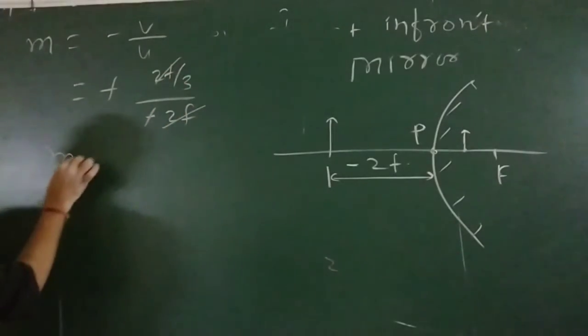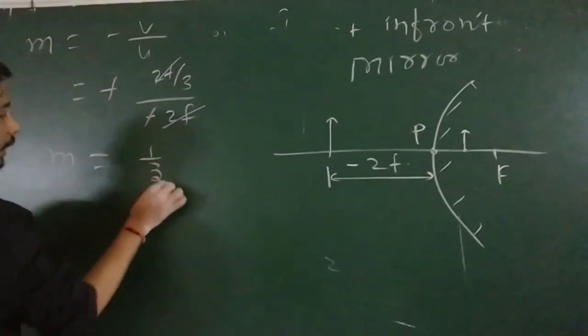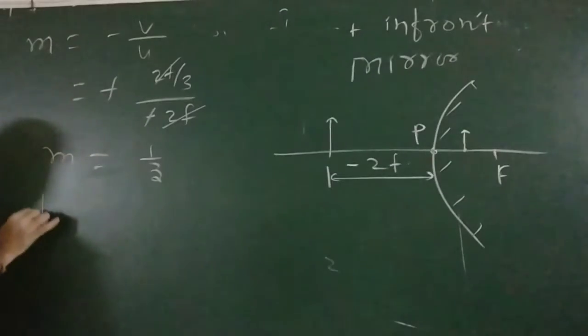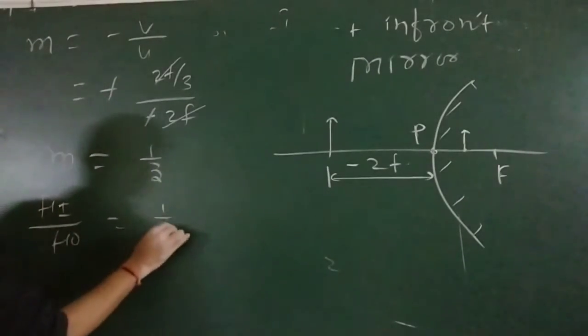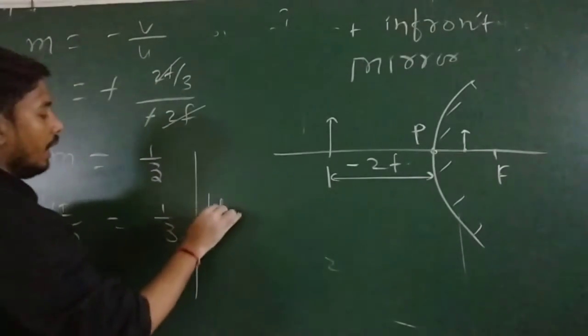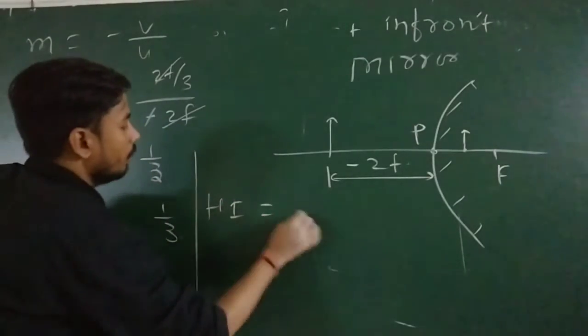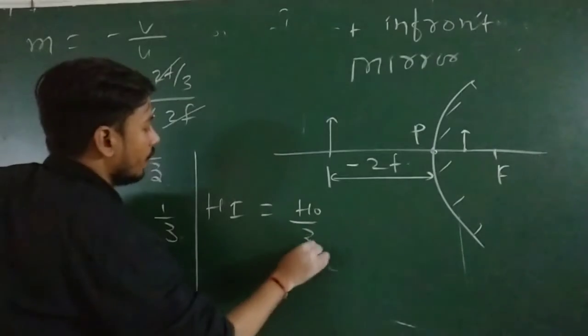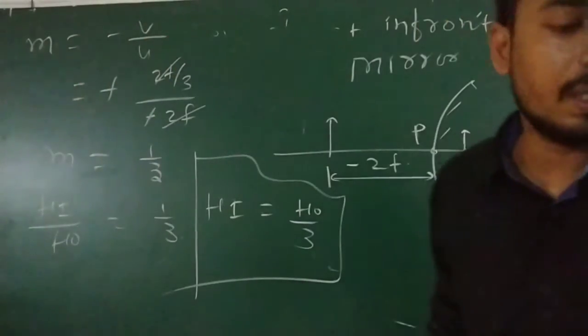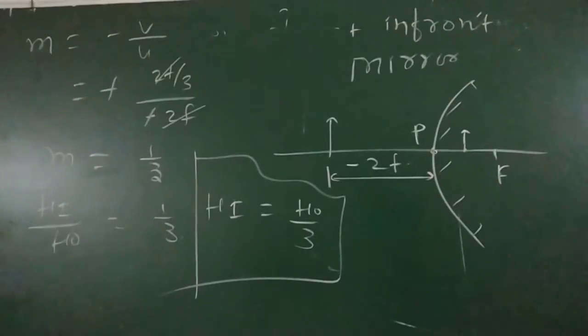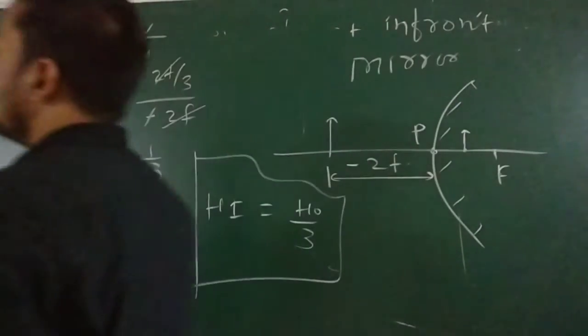So m is equal to 1 by 3. Now see here, height of image by height of object is equal to 1 by 3. So height of image becomes height of object by 3. See, all these calculations are quite easy and very useful also.